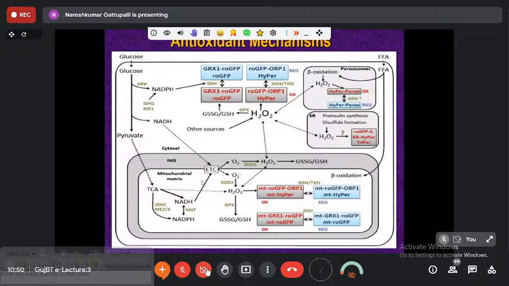Regulation becomes necessary. So there are many antioxidant mechanisms the cell had to develop, and this happens in each and every compartment. So in every compartment you need to have NADPH. Glutathione is a small peptide which is involved in the neutralization of this reactive oxygen species.